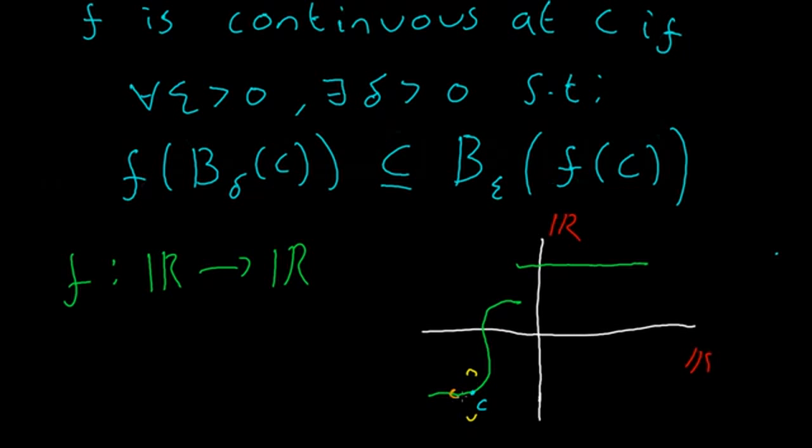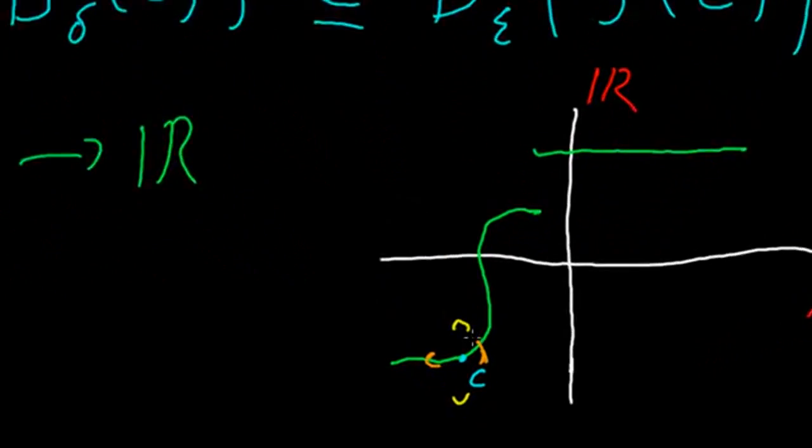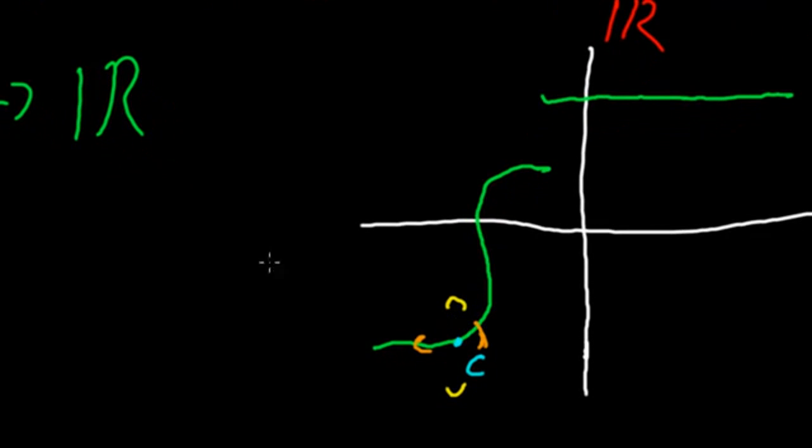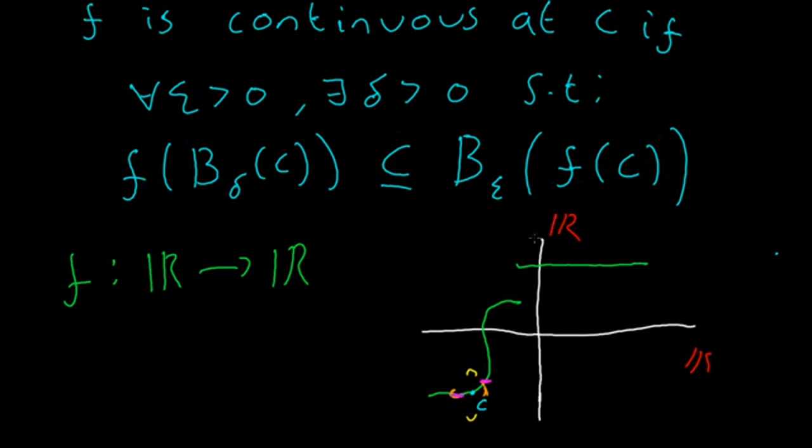We just take, for example, this ball of radius delta, don't care what delta is, but when you pass it through the function, it'll only go as high as, well, this is about here. It'll only go as high as here, and it'll only go as low as, what's the lowest point in this section? Well, here, I guess. It'll only go as low as here. So this will fit nicely inside our arbitrary ball that we've picked in the codomain.